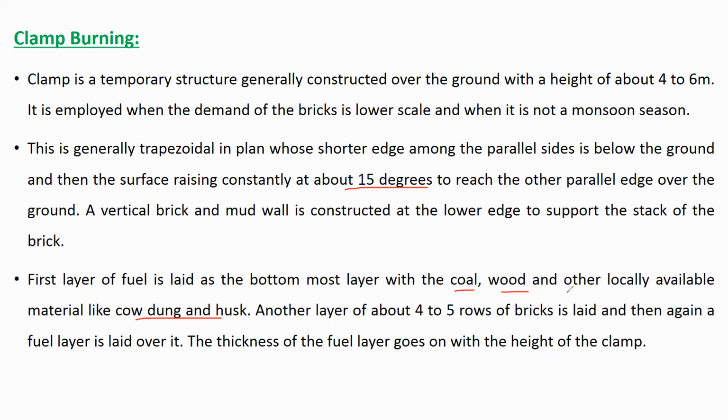First we have to put a layer of fuel. After that, you start keeping the layers of bricks. After 4 to 5 rows of bricks, you have to put another layer of fuel, one more layer of fuel, then again bricks of 4 to 5 rows.